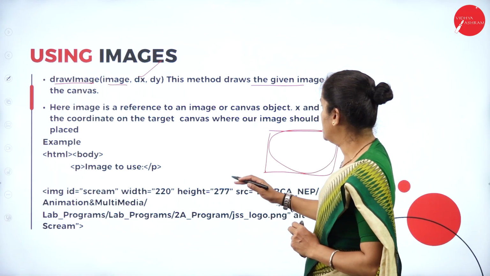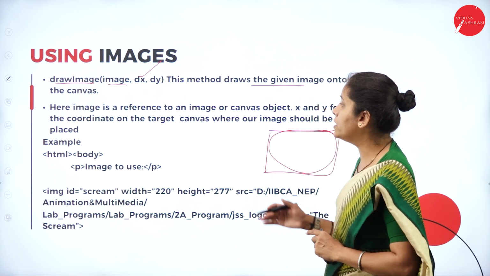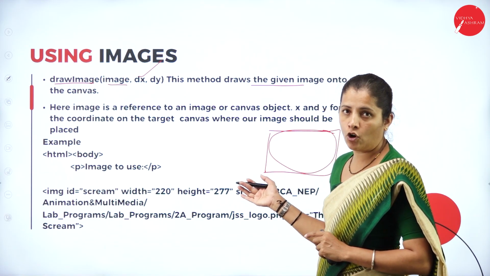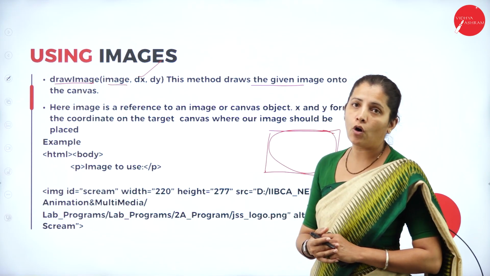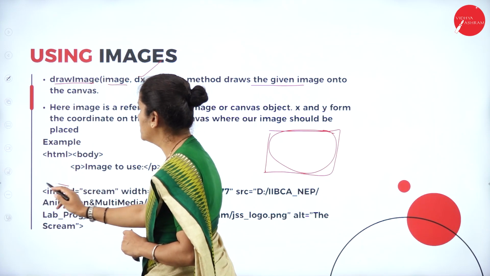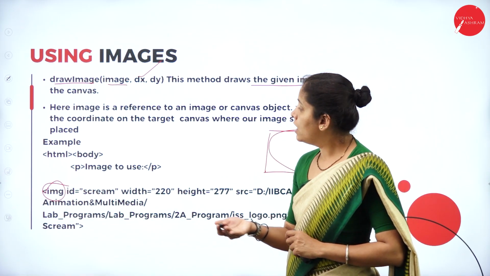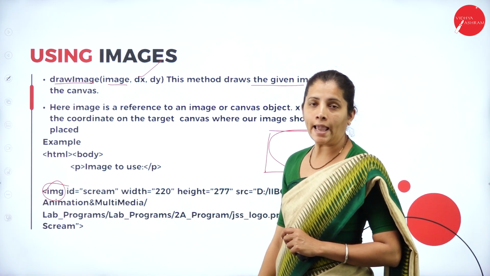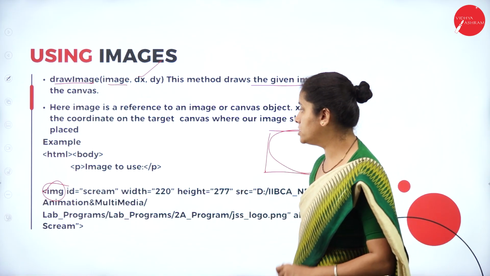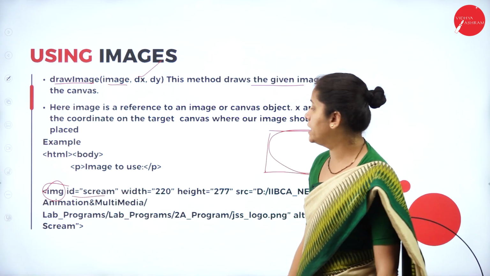Okay, now see here, I have a simple program showing how I can include an image or how I can draw an image. So if I consider the image tag, to include an image, I have a tag called img. That's nothing but the image tag, and I'm going to specify the ID of the image.